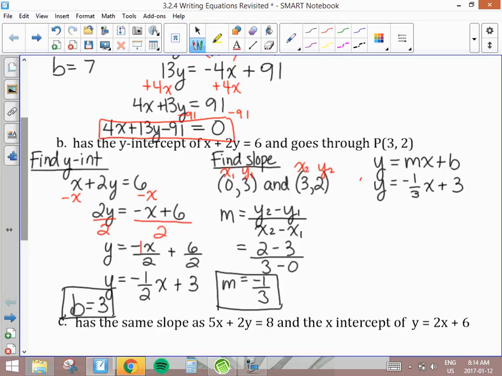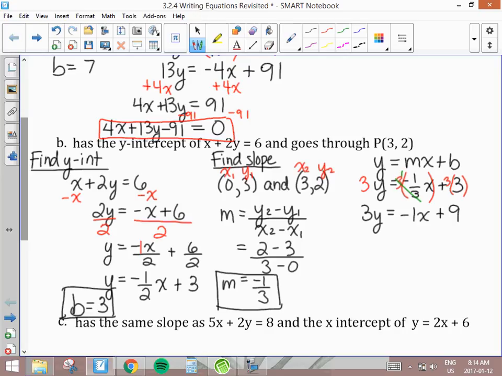To get rid of that, I'm going to multiply all 3 parts by 3. In the next line, I'll divide out the 3 divided by the 3. That equals 1. And so I'm just left with the negative 1x here. And you don't need to write the 1. You could just write negative x plus 9.